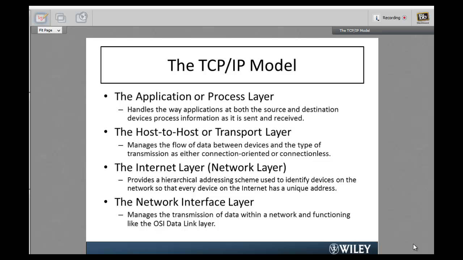The host-to-host or transport layer will manage the flow of data between the two devices and the type of transmission, either connection-oriented or connectionless. The internet layer, or the network layer, will provide a hierarchical addressing scheme used to identify devices on the network, so that every device on the internet has a unique address.